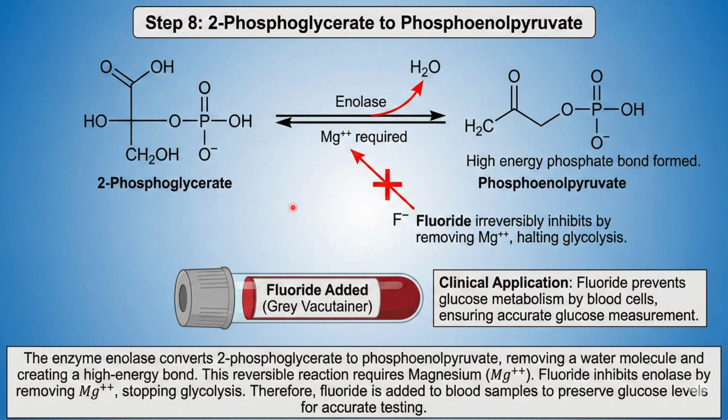So 2-phosphoglycerate is not converted to phosphoenol pyruvate. The clinical application of this step is that fluoride is added in the gray colored vacutainer. Only in the gray colored vacutainer should the glucose samples be collected to estimate the amount of glucose present in the blood sample. Because the gray vacutainer contains fluoride, the fluoride will inhibit the magnesium, enolase is not activated, and phosphoenol pyruvate is not formed. So that is the clinical application.